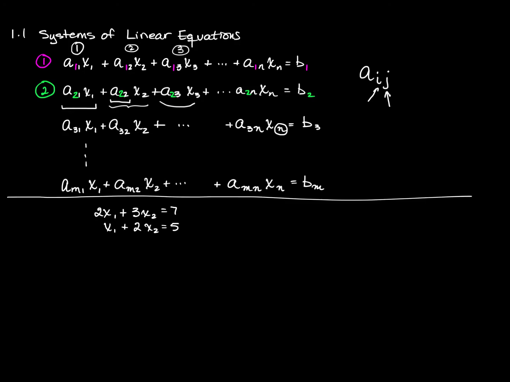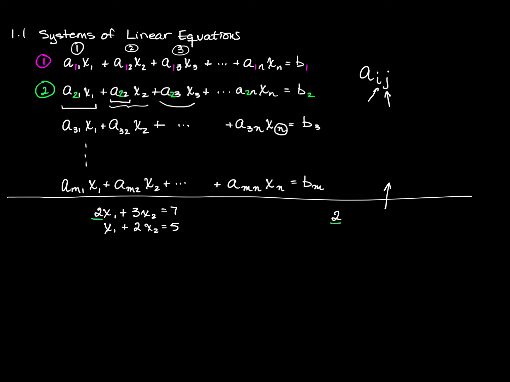Okay, so here's a system of equations in two variables, two equations in two variables. And just before we take a look at the next piece here, I want to reiterate what I said in the previous bit up here. Let me use some color here.